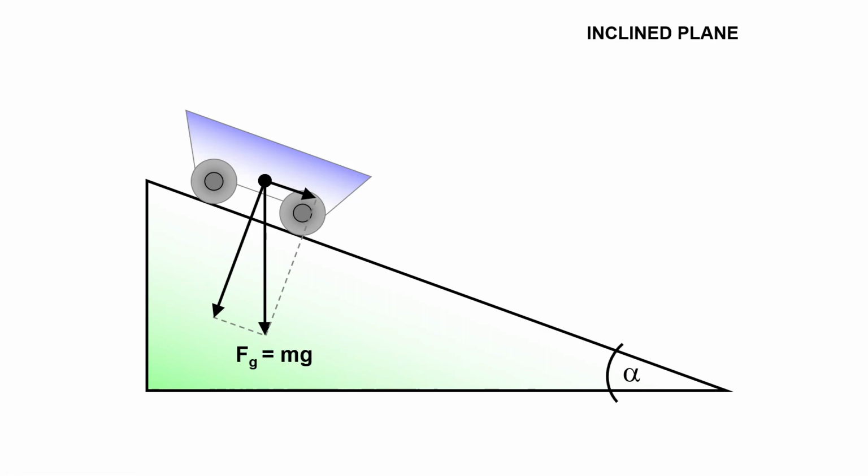The other force is perpendicular or normal to the surface of the inclined plane, and it is slightly less interesting but also important. What's nice is that we can reasonably easily find the values of both forces by looking at these two triangles. We have a small triangle here and another small triangle here.